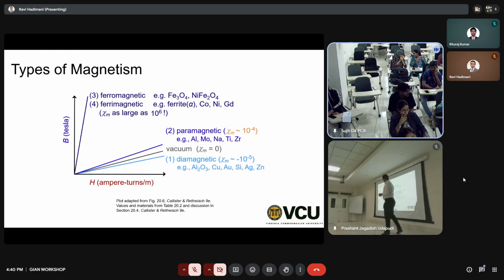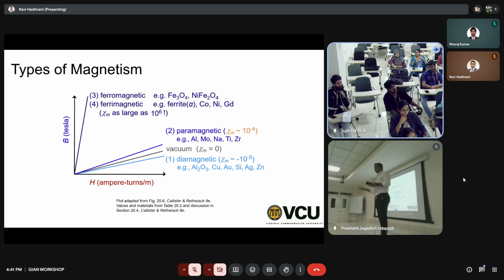Some of the diamagnetic materials are copper, gold, silver, silicon, zinc. Water is also diamagnetic. Do you know the levitating frog? You can put a frog in a very high magnetic field and it levitates because it is repelled by the magnetic field.